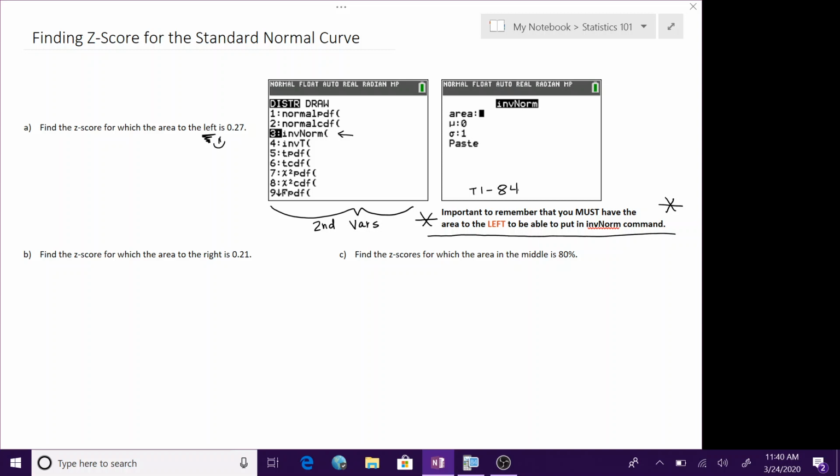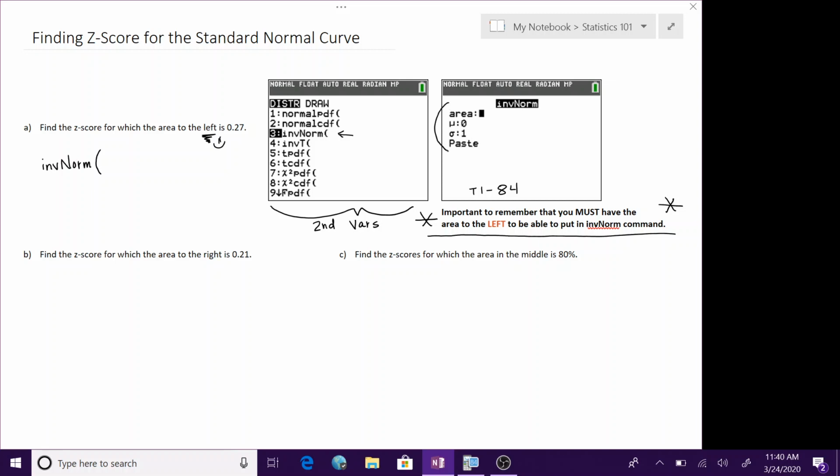If you have a TI-83, it's going to take you back down to your home screen, and it's going to look something like this. And this is our inverse norm command in our calculator, with a comma. So you have to remember all of these values right here.